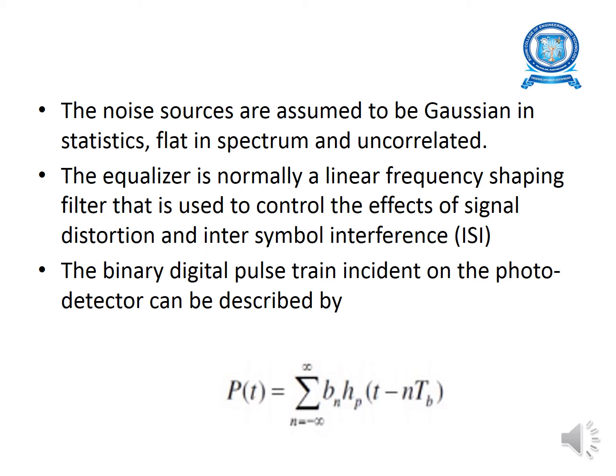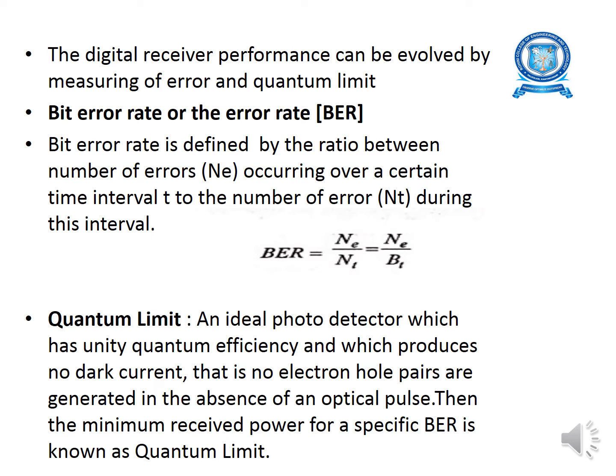For binary data, the parameter Bn can take two values, B on and B off, corresponding to binary levels of 1 and 0 respectively.